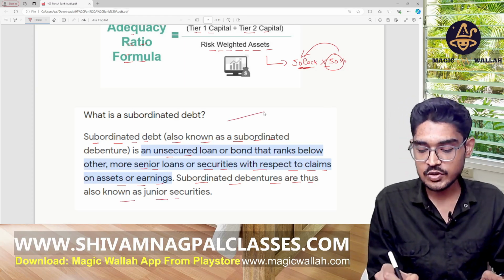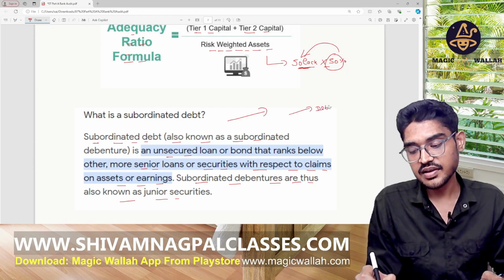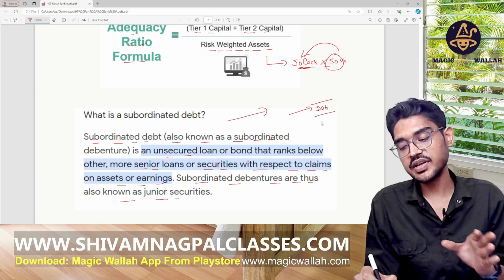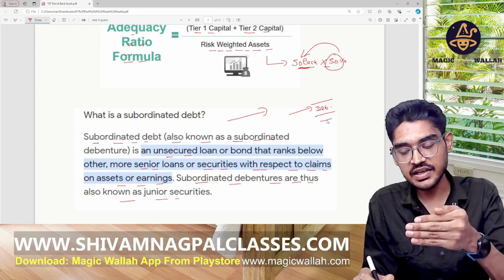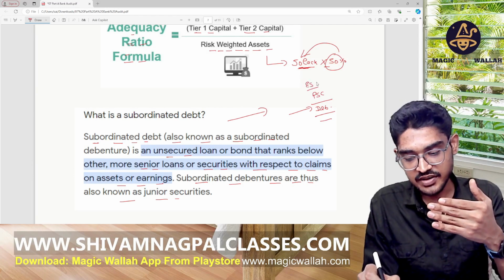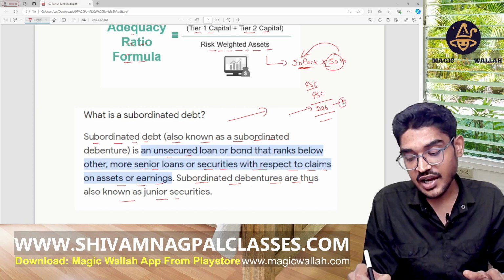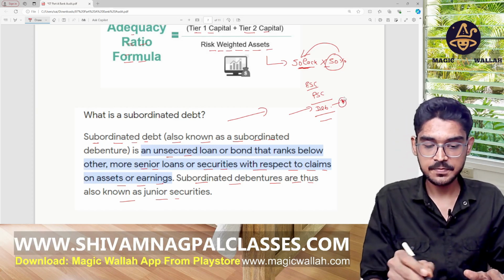Okay, so there is a process. First of all, their expenses are paid, the debenture holder gets money, then the preference shareholder gets money, then the equity shareholder gets money. There is a process. Okay, so when the debenture holder gets money, there are two types of debenture, you can say.